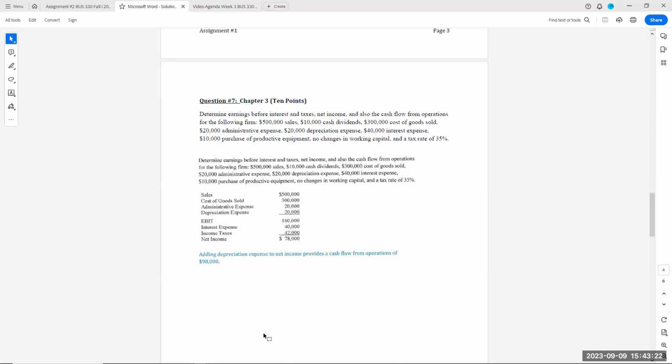Thus, question number 7. A great problem to understand financial information given to you a little bit differently, as is the case in many financial managerial situations.